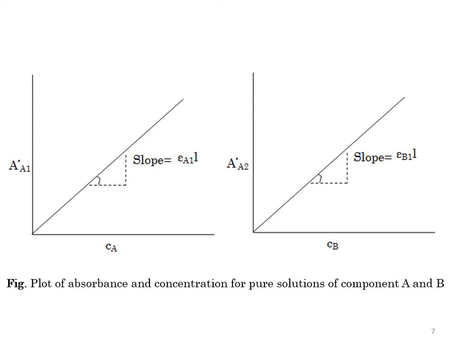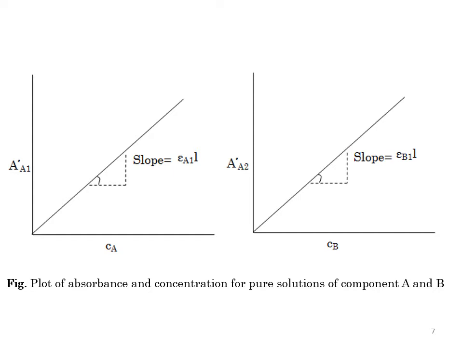The molar absorption coefficient of component A at wavelength lambda 1 can be calculated by plotting the absorbance of component A at lambda 1 as a function of concentration of component A in the solution. The slope of this graph is equal to epsilon A1 multiplied by the path length. This epsilon A1 is the molar absorption coefficient of component A at lambda 1.